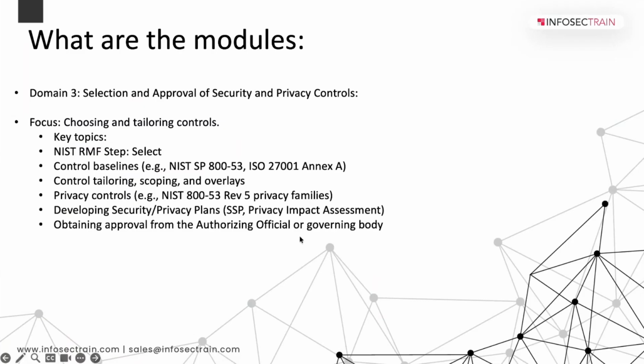If you remember, when I was showing you the document NIST SP 800-37, there is a huge number of questions which you are going to get on roles and responsibilities.